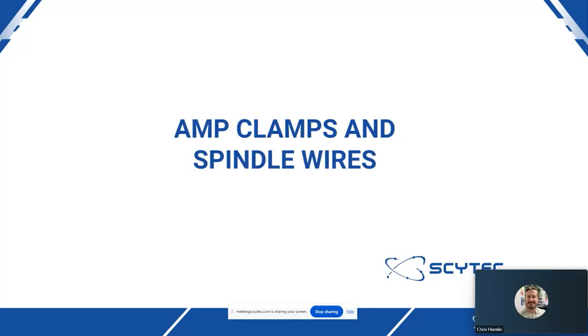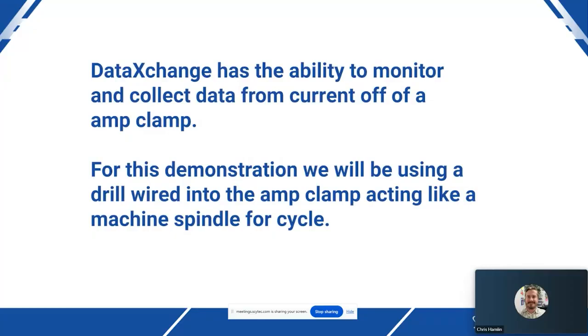So first thing we're going to discuss is amp clamps and spindle wires. DataXchange has the ability to monitor and collect data from current off of an amp clamp. For this demonstration, we'll be using a drill wired into the amp clamp, and it's going to be acting like a machine spindle or an older manual machine.